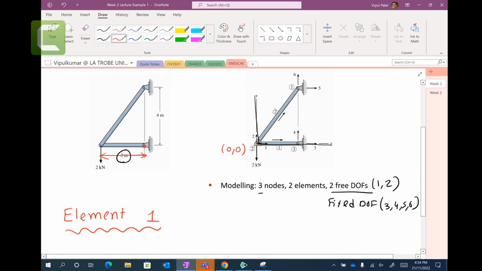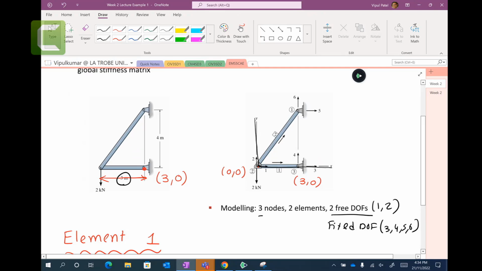If I want to come to this point, your x direction is 3, y direction is 0. So are you happy for me to put the coordinate 3, 0 here? You are also happy for me to put the coordinate here, which is 3 across, horizontally, and 4 above in y. So are you happy for me to put the coordinates 3, 4?